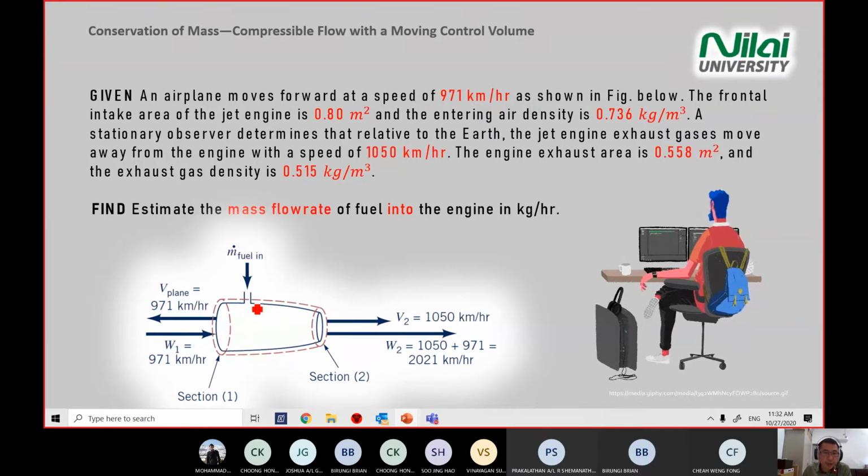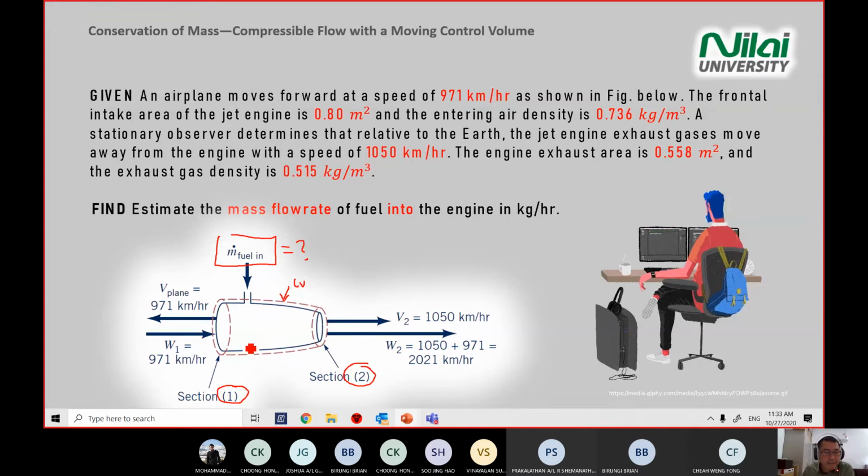And then there's a fuel going inside there. This is what we're going to find. The question asks us to find what this is. And then remember on the control volume, make sure you draw out the control volume. And then mark the point, your boundary condition 1 and 2. Where is section 1, where is section 2?